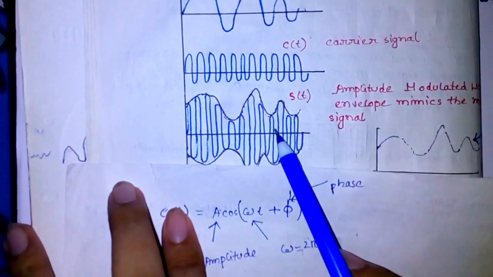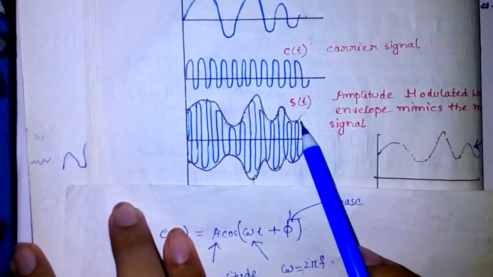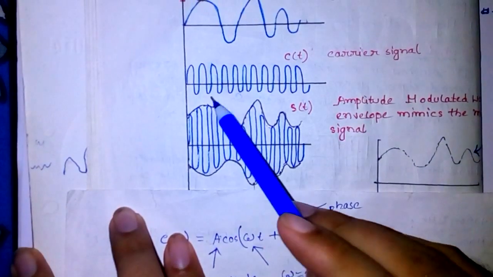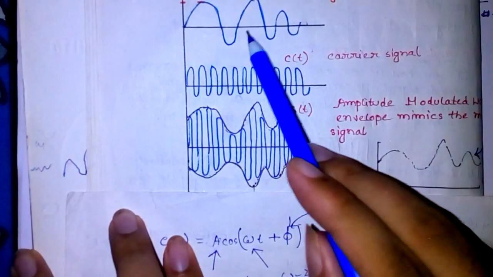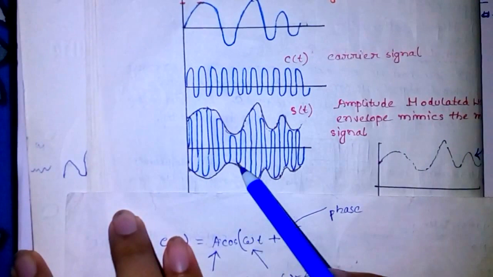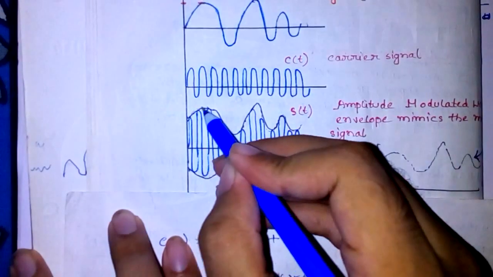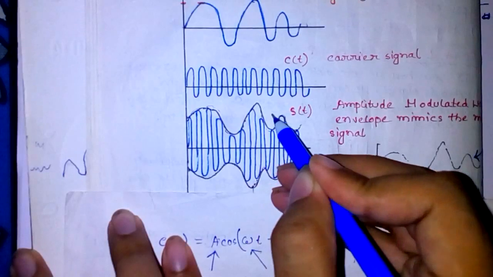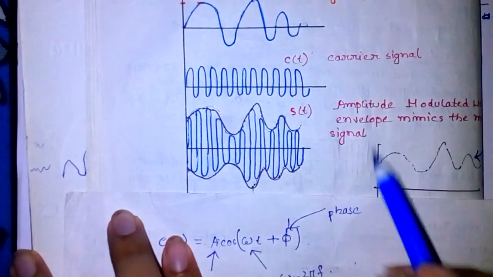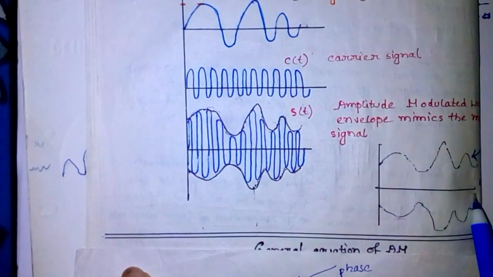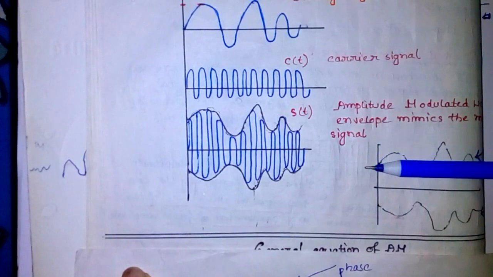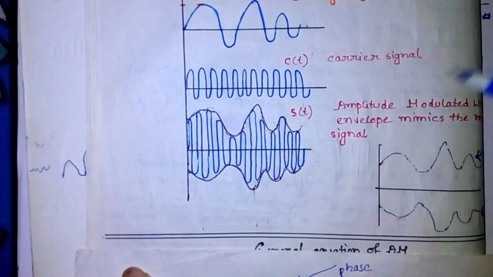So here is the diagram of amplitude modulation. Amplitude is varied to capture this message signal. This is on both ends. These outlines are called the envelope. You can see that the envelope actually mimics the message signal.